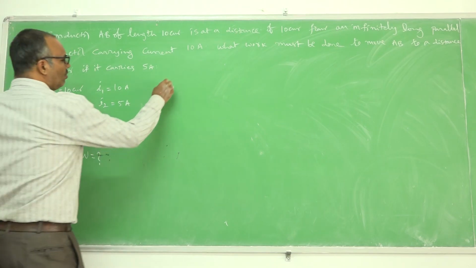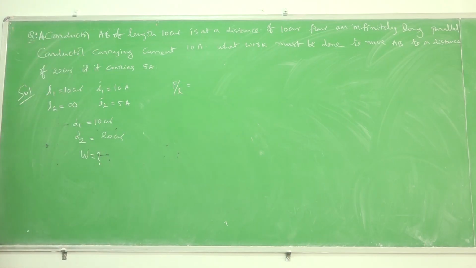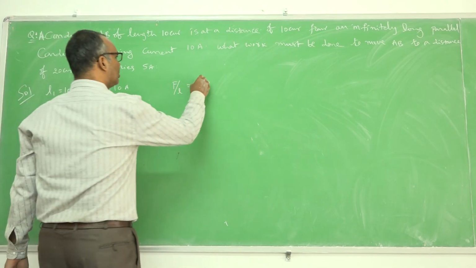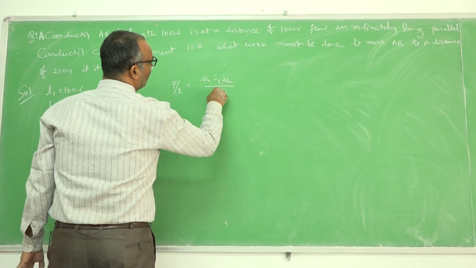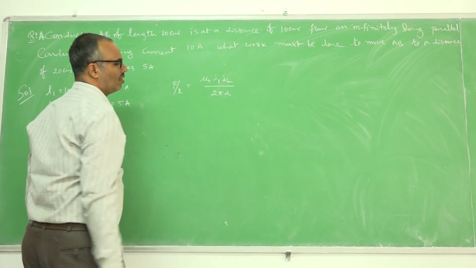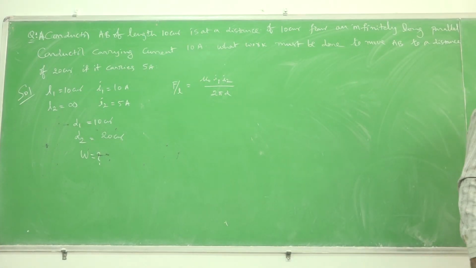You know the formula, force acting between two parallel conductors carrying current, per unit length, is given by mu naught I1 I2 by 2 pi d. This is the general formula for calculating force per unit length. But you are asked to find the work done.